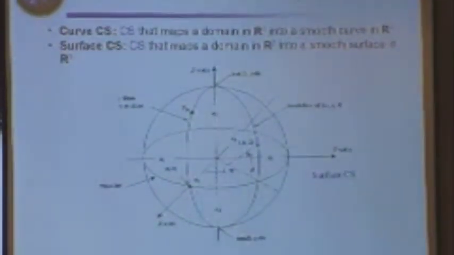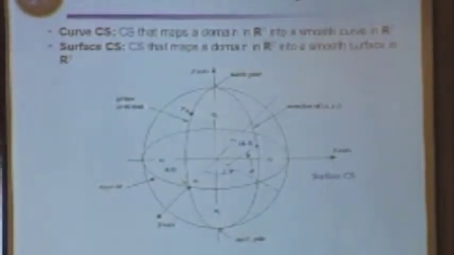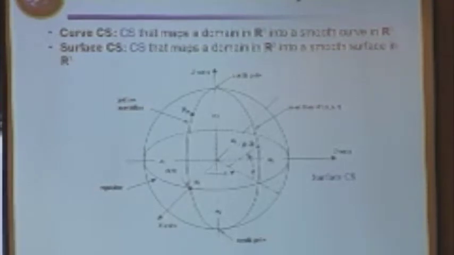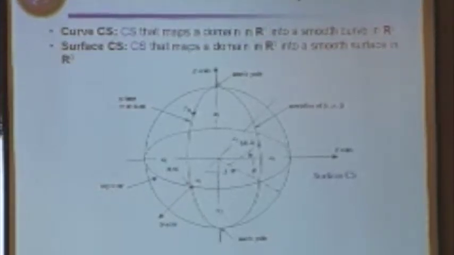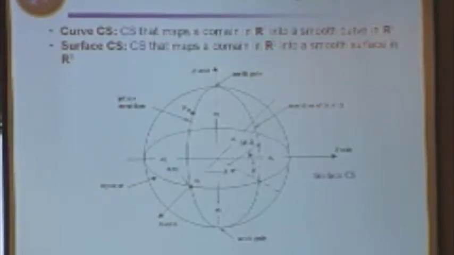A curved coordinate system is one that maps a domain in R1, the coordinates, to a smooth curve in space. A surface coordinate system maps a domain in R2, so these are 2-tuples of numbers, onto a smooth surface.